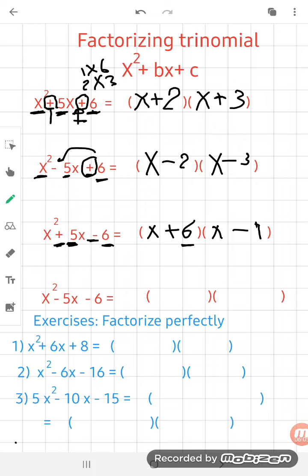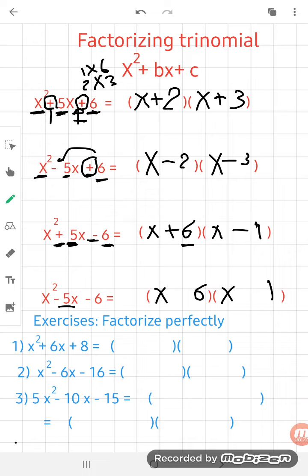The fourth one, x power 2 minus 5x minus 6. Okay, x power 2, x by x. 6, the last sign is negative, so write 6 and 1, because 6 minus 1 equals 5 as the middle term. What about signs?